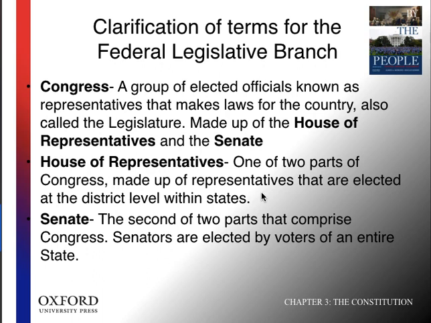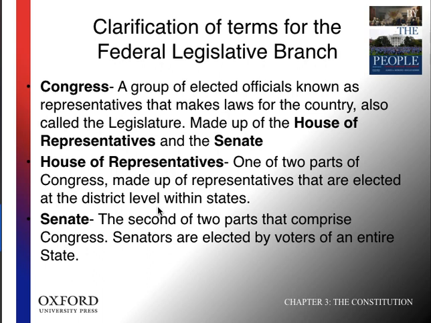Now, the House of Representatives are responsible only to the people in their district. For example, the state of Nevada has 4 House of Representatives. If you live in District 1, your representative in District 1 is only accountable to you and your district, not the whole people of the state of Nevada.